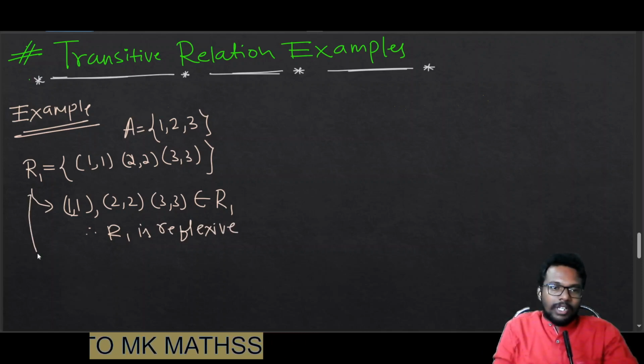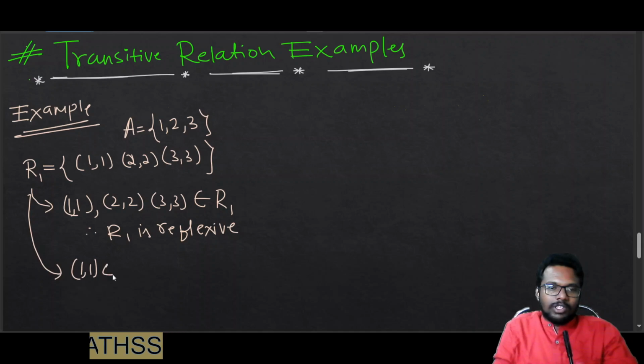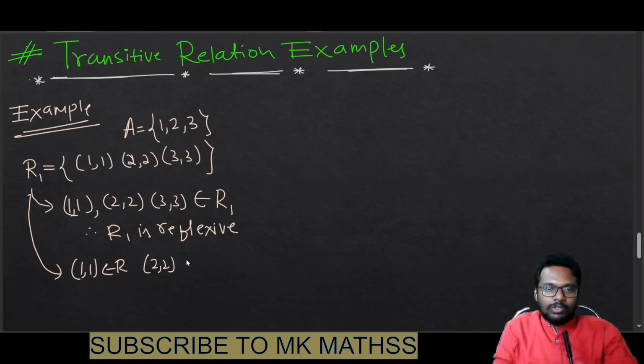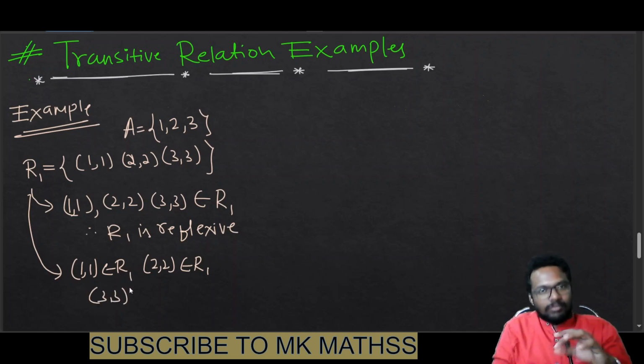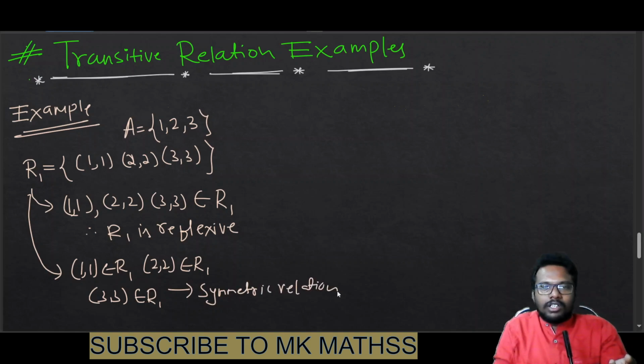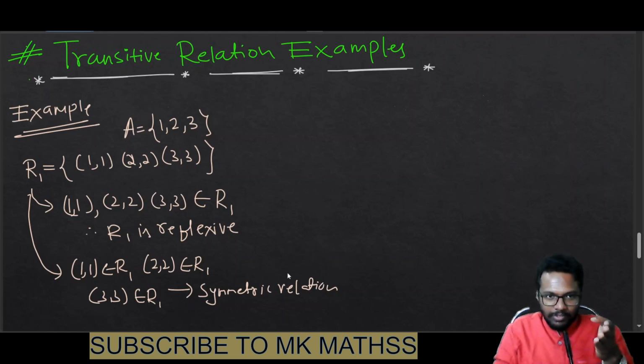When it comes to symmetric, (1,1) reversed is (1,1), which is also there. If we reverse (2,2), (2,2) is also present in R1. If we reverse (3,3), the same (3,3) comes, and it is also present in R1. So this is a symmetric relation.